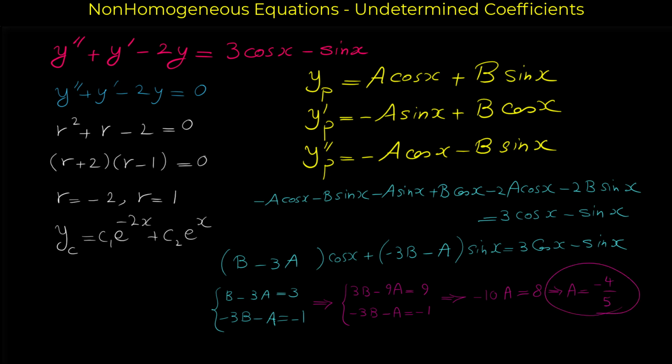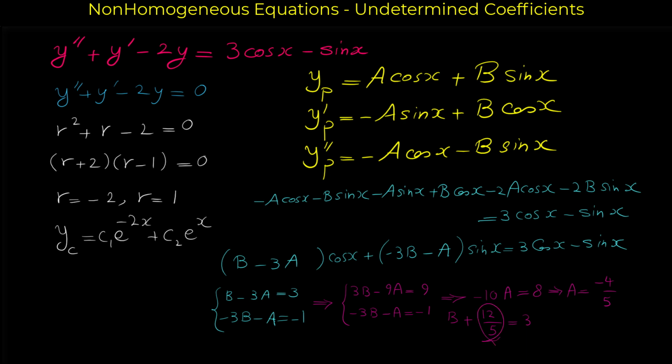And now if we plug in this value in this equation, or in this equation, we can find b. If we plug in this value of a here, we have b minus 3 times this. We have multiplied 3 by this. So don't forget we have a minus here and a minus here. So if we multiply this minus by that minus, we have plus 12 over 5 equals 3.